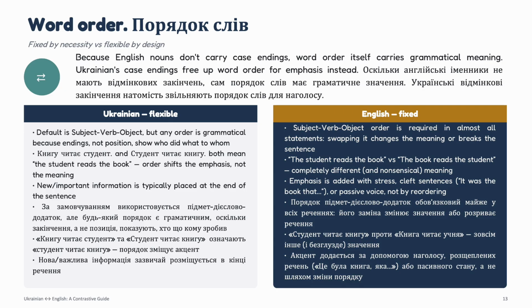But thanks to endings, which show who did what to whom, we don't really care about the position of the verb in a sentence. So if we say книгу читає студент, it's written here, and студент читає книгу, you can see that the order of these words is different.